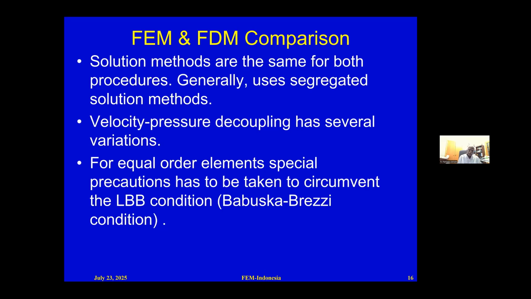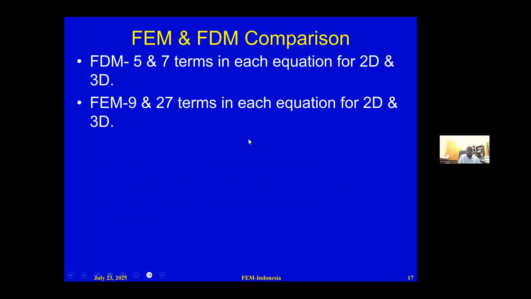So in most places, people use this decoupling form, and that coupling itself is a major discussion. There are a few I will discuss later. For equal order elements, special precautions have to be taken to circumvent the Babuska-Brezzi condition, the LBB condition. Those are the major highlights one should look at.